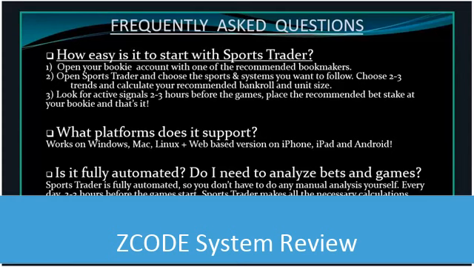Okay, so how easy is it to start with Sportstrader? If you're a newbie, open your bookie account like I showed you earlier. Open it with one of our recommended bookmakers like Bet365, 5Dimes, Pinnacle, whatever works for the country that you're in. First of all, open a bookie account, make sure it's funded. Then go ahead and open Sportstrader. Choose the sports and systems that you want to follow, just like how I demonstrated to you.